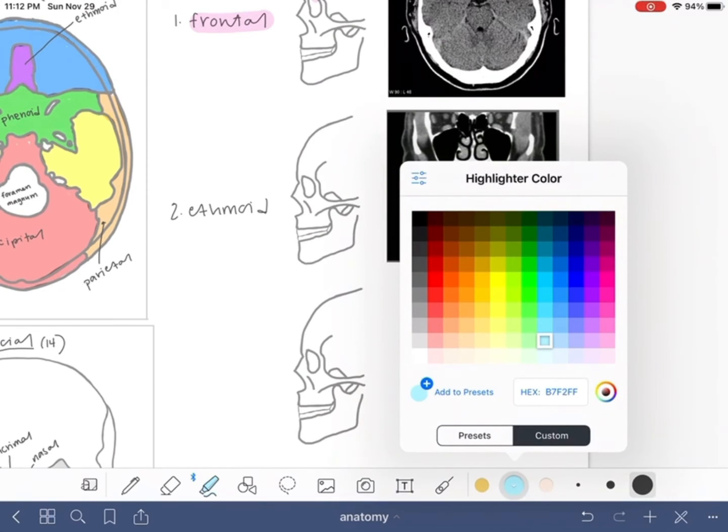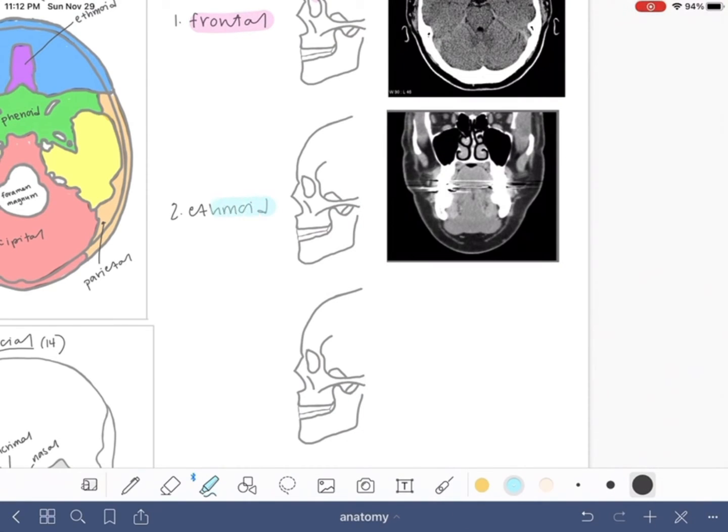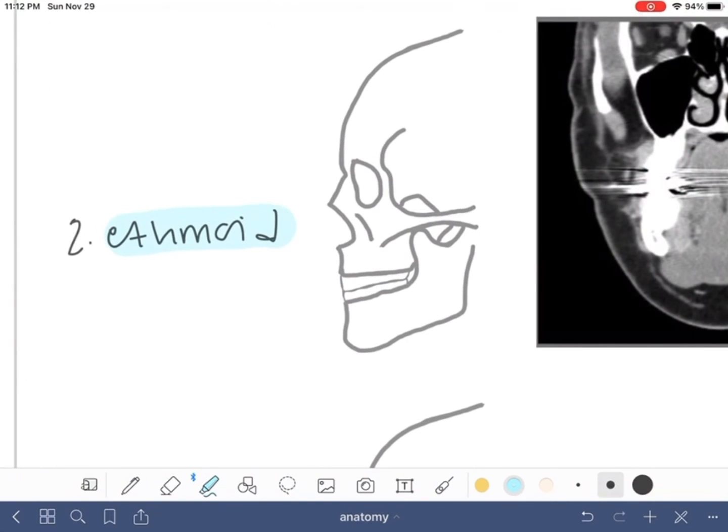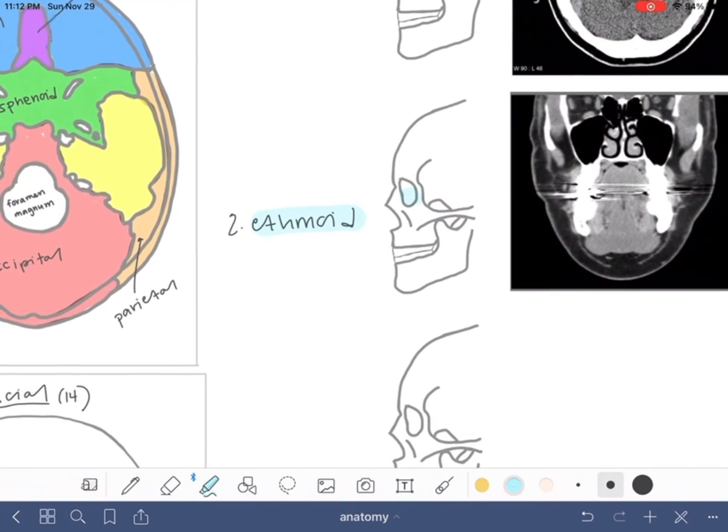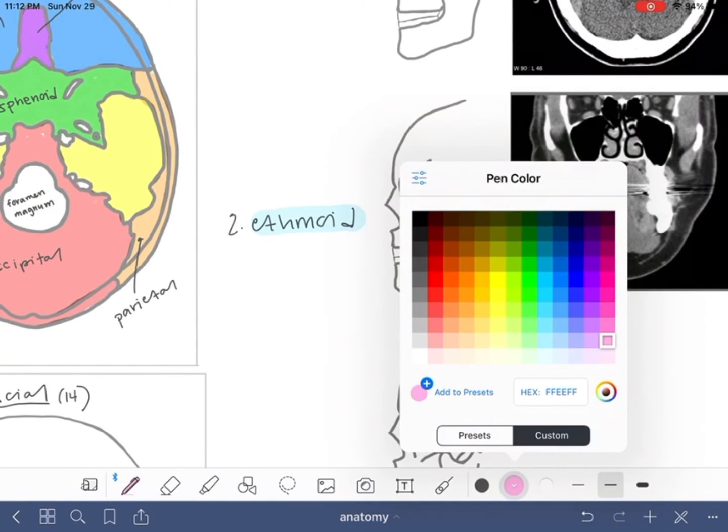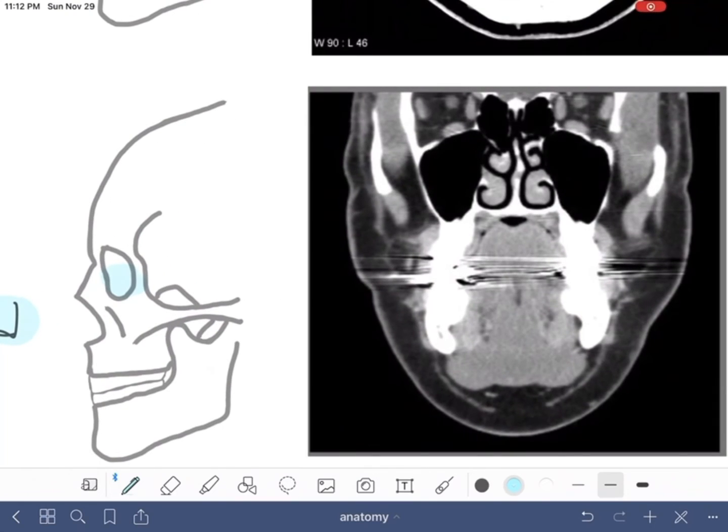Oh yeah, I chose blue for the ethmoid for this section for whatever reason. Seems like I switched it around a little bit. And these are pretty wavy looking, so pretty distinctive on a CT scan.